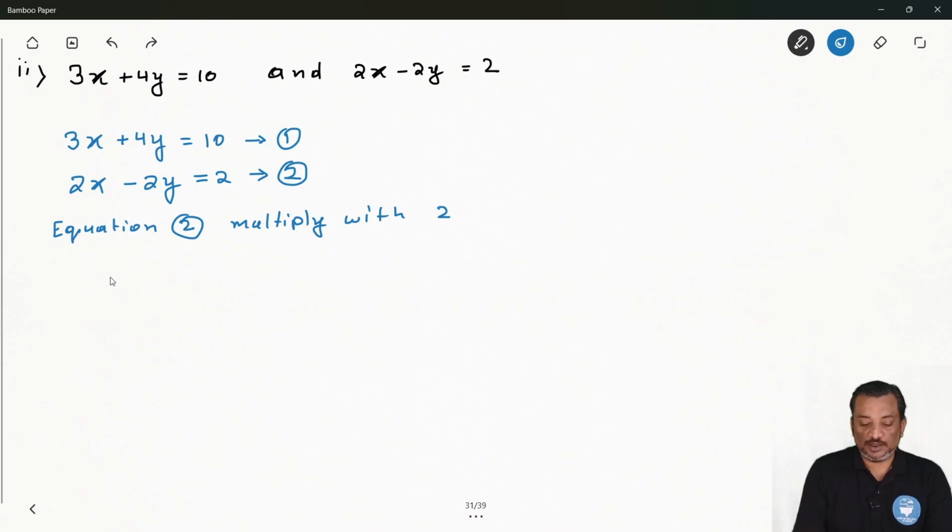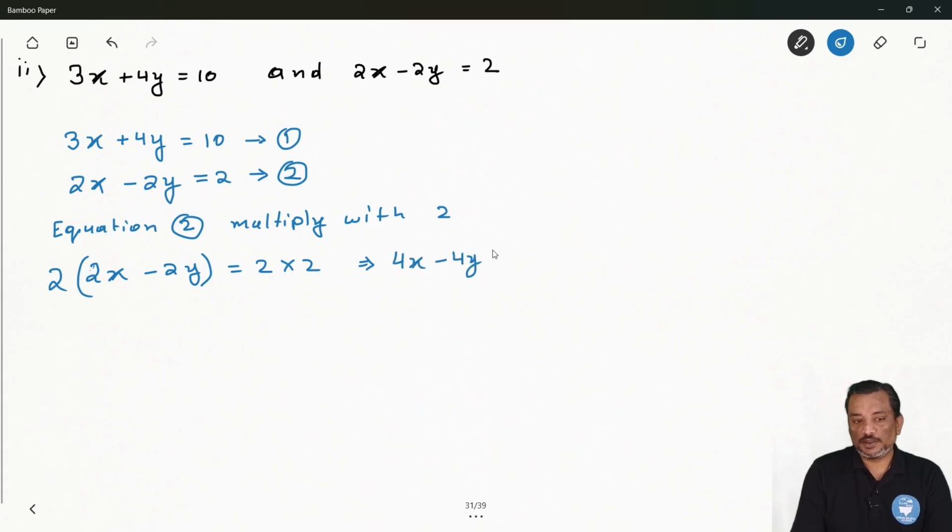So we will say, okay, so here if you multiply, so you will get what here? So 2x minus 2y is equal to 2. So both sides you will multiply with 2. Okay. So you will get what equation? So final equation you will get 4x minus 4y is equal to 4.